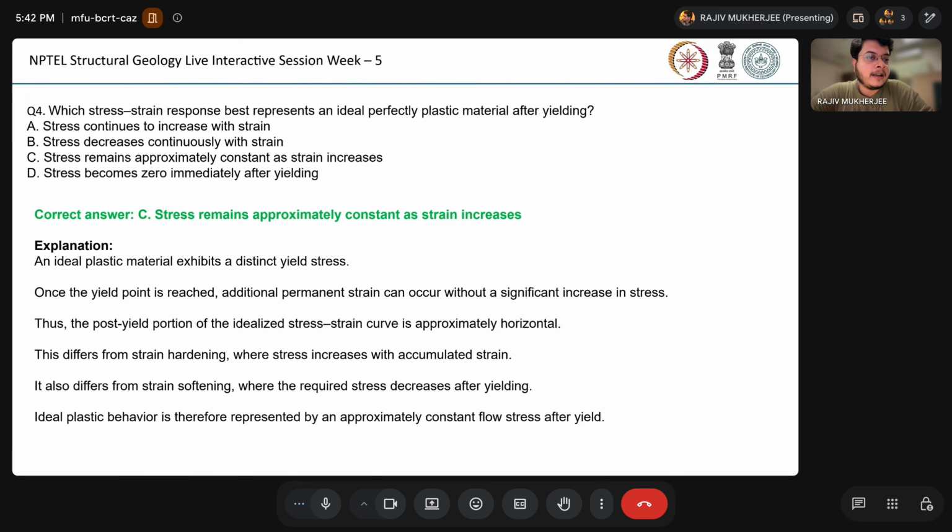But for a strain softening material, the point at which the flow has stopped, the final flow stress would likely be less than the yield strength of the material. And that's how we define three different kinds of response.